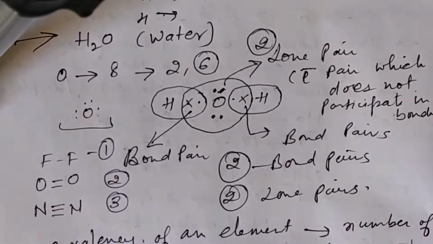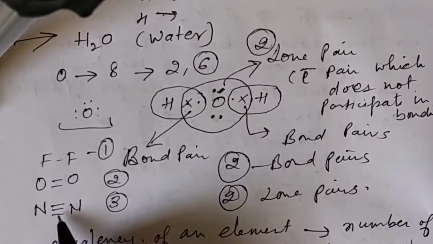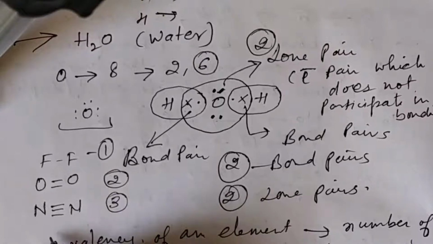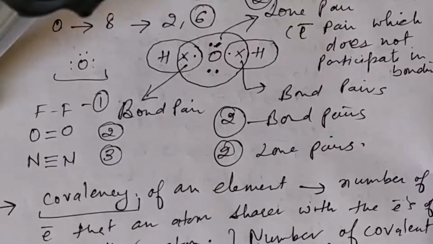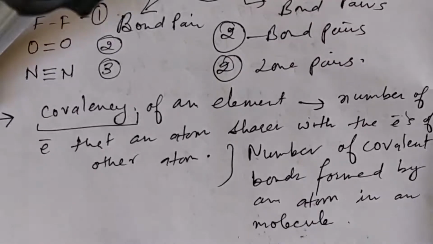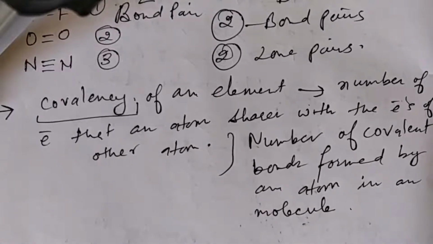So we can easily explain the total number of shared pairs of electrons between the two atoms with the help of covalency. Covalency is easily asked by teachers in 1 marker questions, so it is important for 1 marker questions.